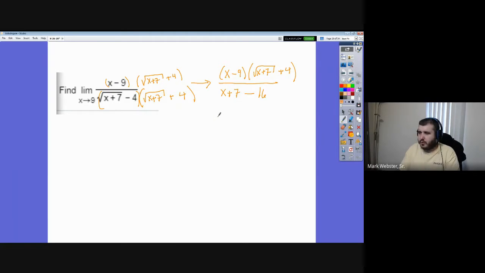And then we go through and we can plug it in now. The hole has been taken care of. It's no longer a hole. So if I go through, I think. Yeah. Because here's why.